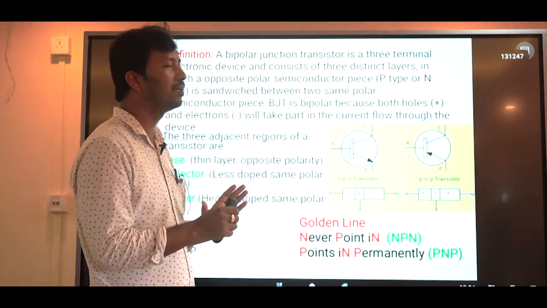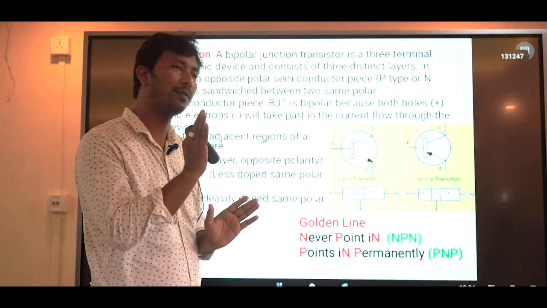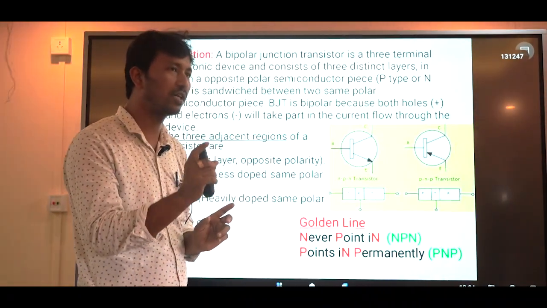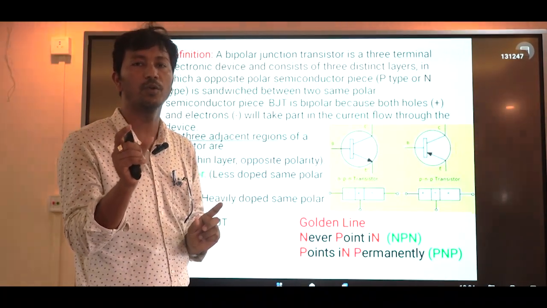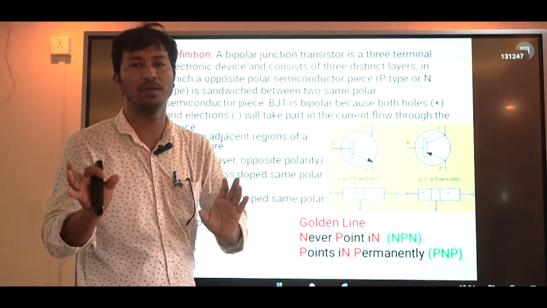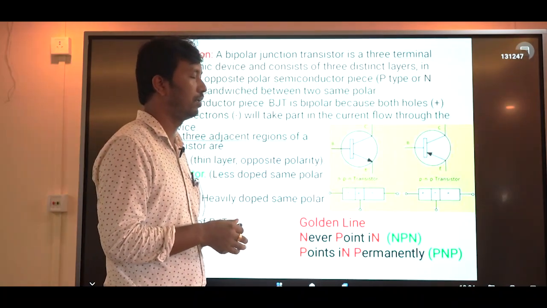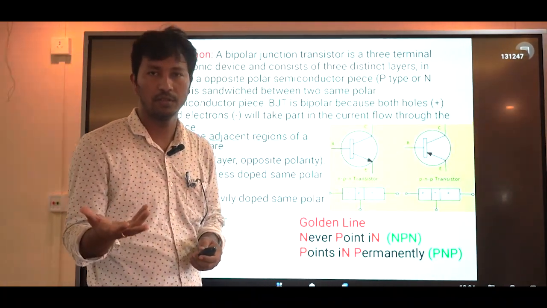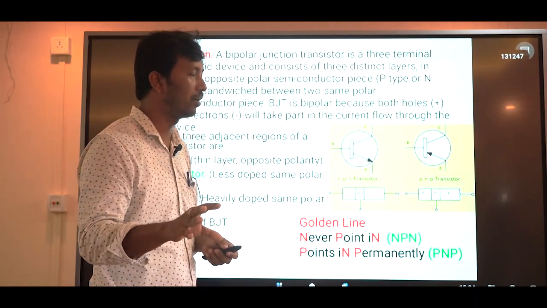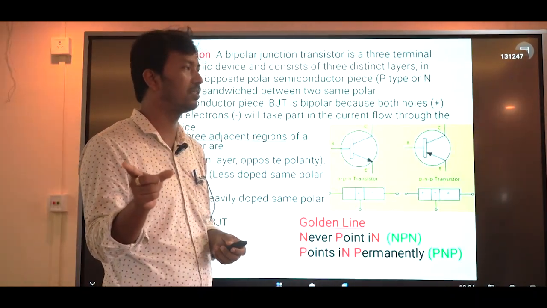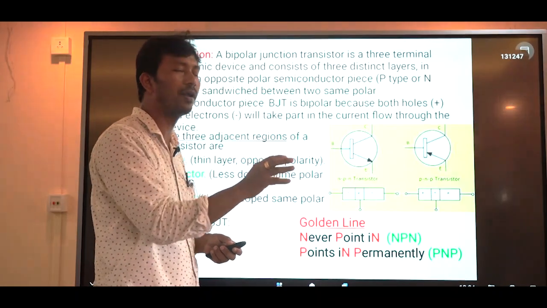It is, as I already said, the basic form of transistor, and it is constructed by sandwiching a semiconductor piece of opposite polarity between two semiconductor pieces of the same polarity. We know we have two types of extrinsic semiconductor, and we are talking about extrinsic semiconductor here only. One is P type, another is N type.